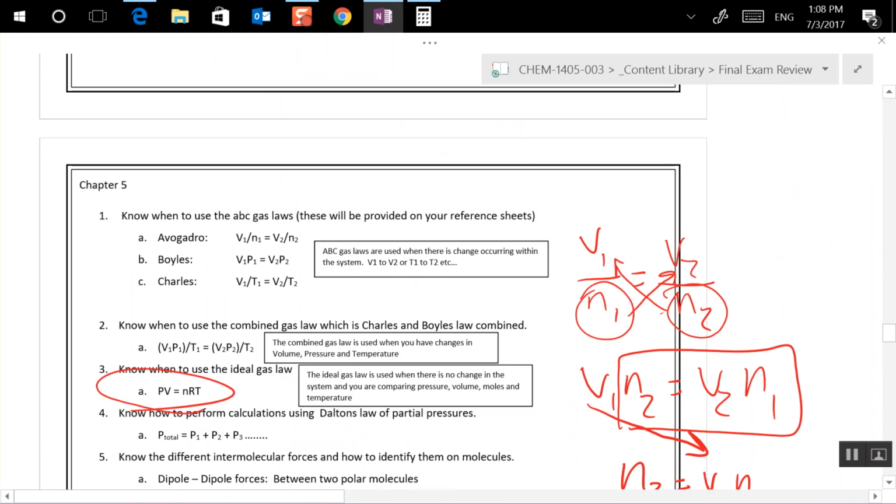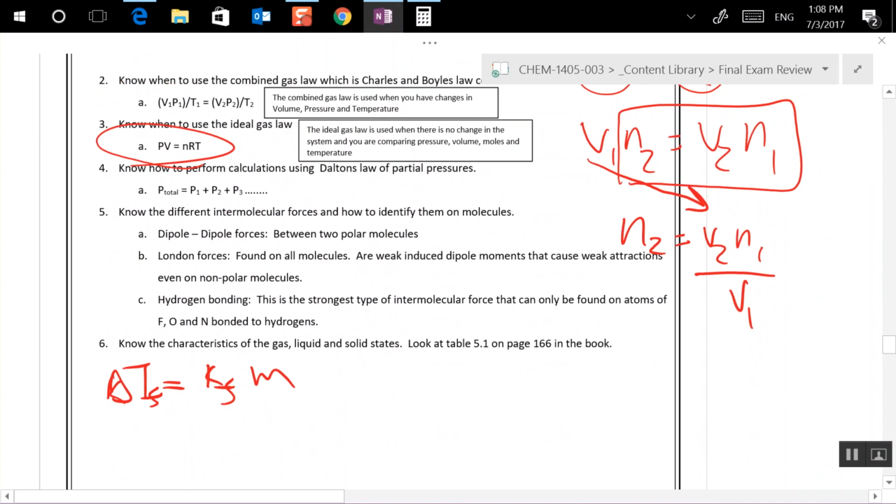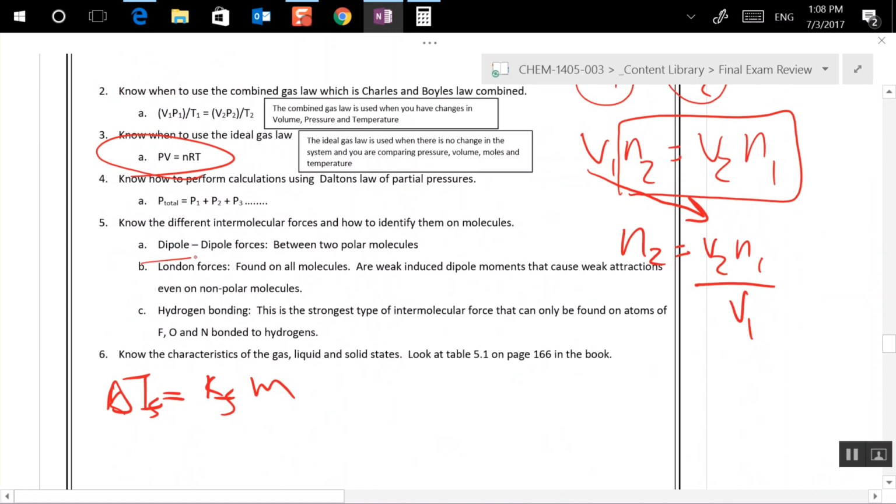I have a question about what are the dipole forces? So dipole forces are between polar molecules. If you had two things that were polar, then they would attract to one another from positive end to negative ends. Those are intermolecular attractions, and we call those attractions dipole forces.